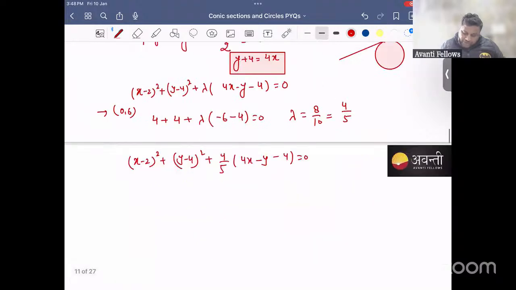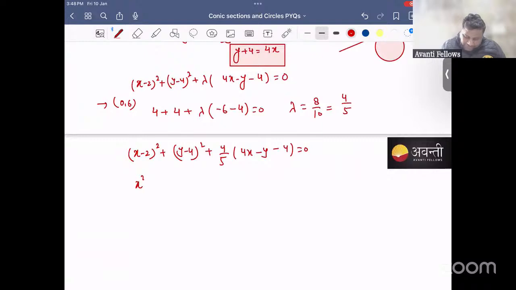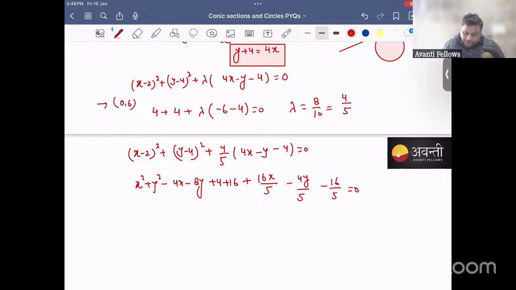Coefficient of x square and y square have been kept 1. So it is x square plus y square minus 4x minus 8y plus 4 plus 16 plus 16x by 5 minus 4y by 5 minus 16 upon 5 is equal to 0. So it is x square plus y square.